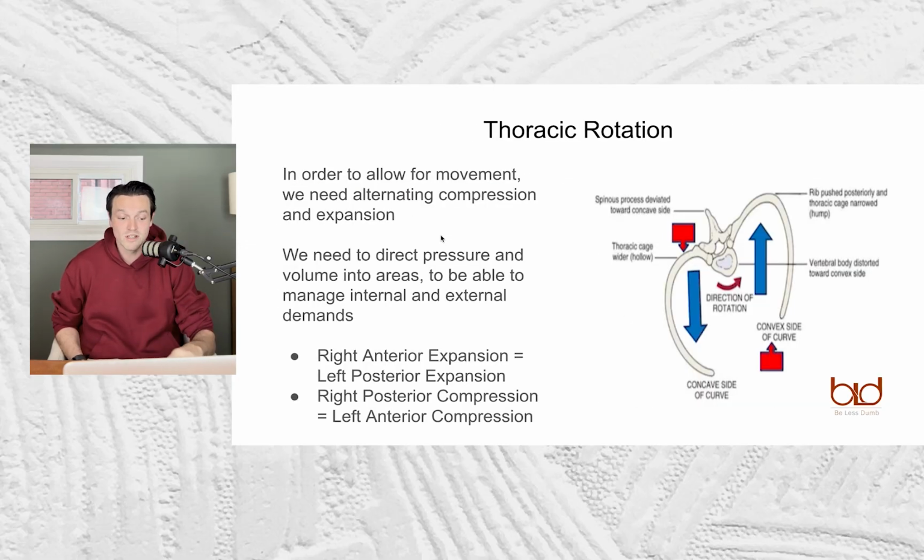So we just talked about inhibiting or eccentrically lengthening muscles that are compressed. We need compression in certain areas, opposite to expansion, to move into certain places. And I'll go through that in a second. A really easy way of thinking about it is that we need to direct pressure and volume into areas to be able to manage external and internal demands. So it's a bit wordy, but we'll go through it in a second.